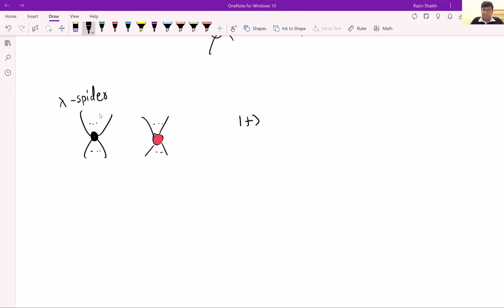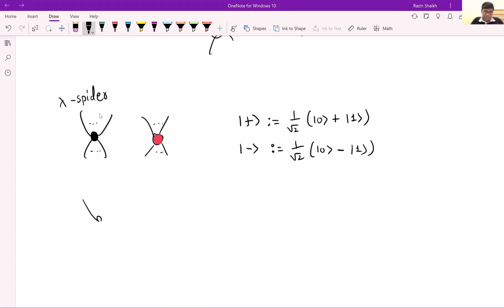We have the plus state, which is defined as some normalization times ket 0 plus ket 1. And I also have the minus state, which is defined as ket 0 minus ket 1. It's plus because there's a plus sign in between and minus because there's a minus sign in between.